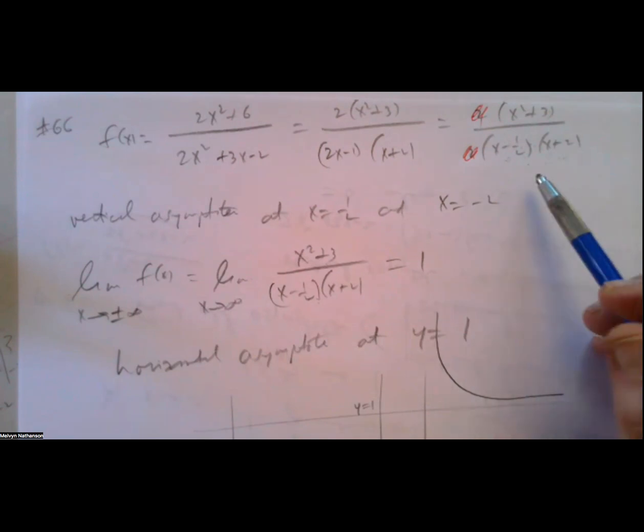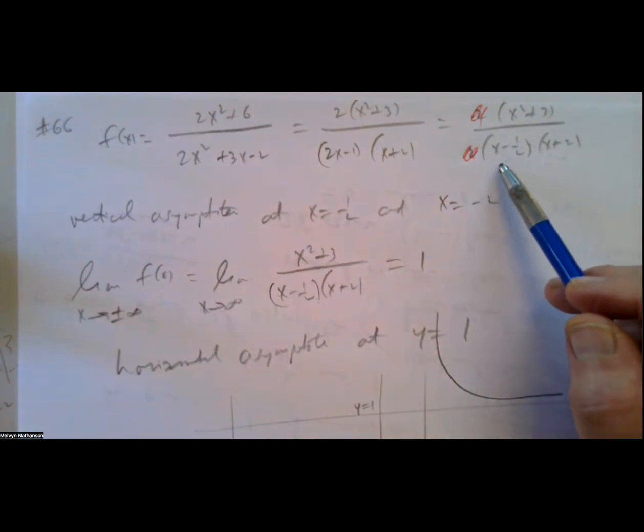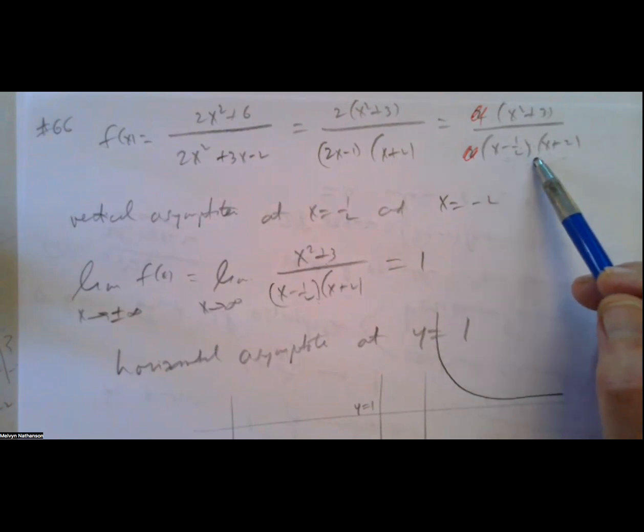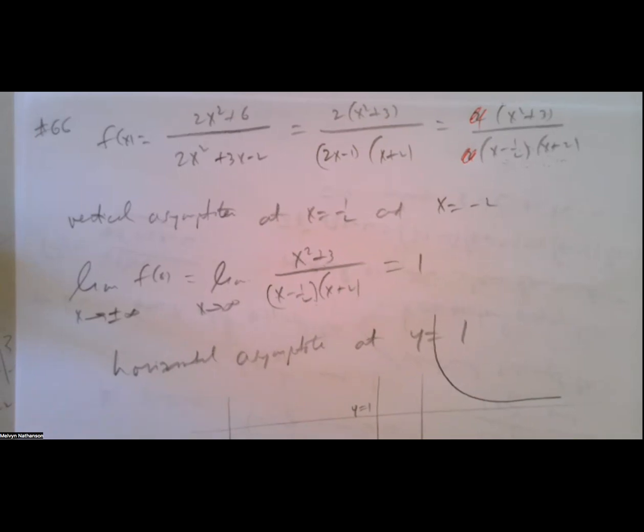And when x is less than a half, then this is negative, and we're going to minus infinity. And this function is never 0, but we have another vertical asymptote here.